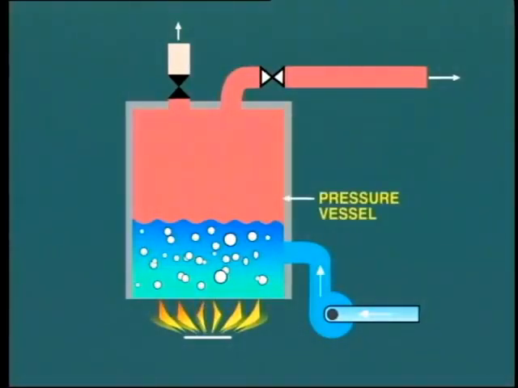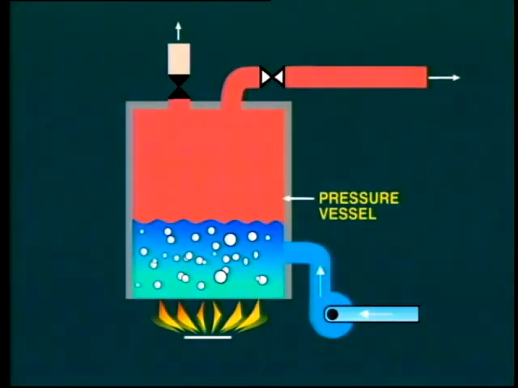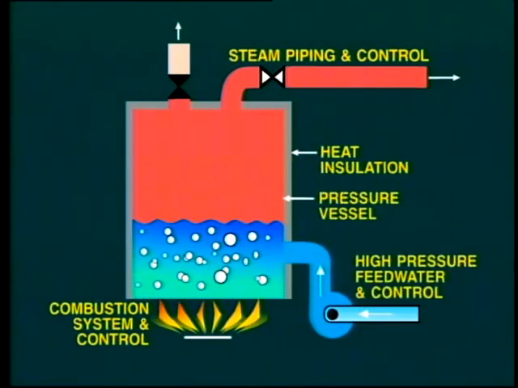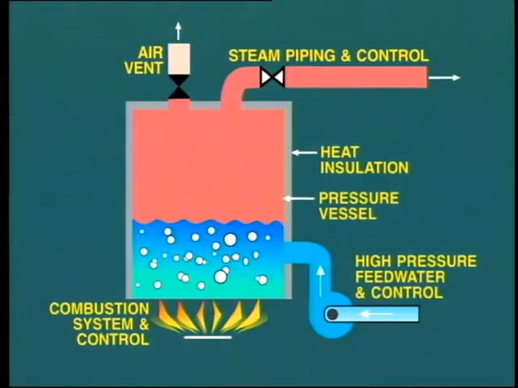These are the pressure vessel, built to withstand the operating pressure; heat insulation, to prevent loss of heat from the vessel to atmosphere; steam piping and a means of controlling steam flow; a combustion system, and a means of controlling fuel supply; a supply of high-pressure feed water, and a means of controlling water level in the vessel; air vents on top of the vessel to permit expulsion of air during startup.